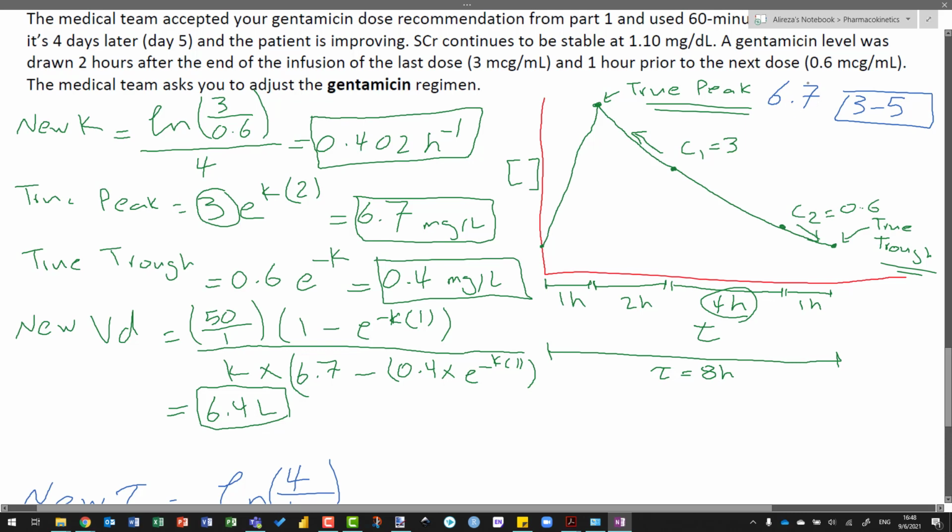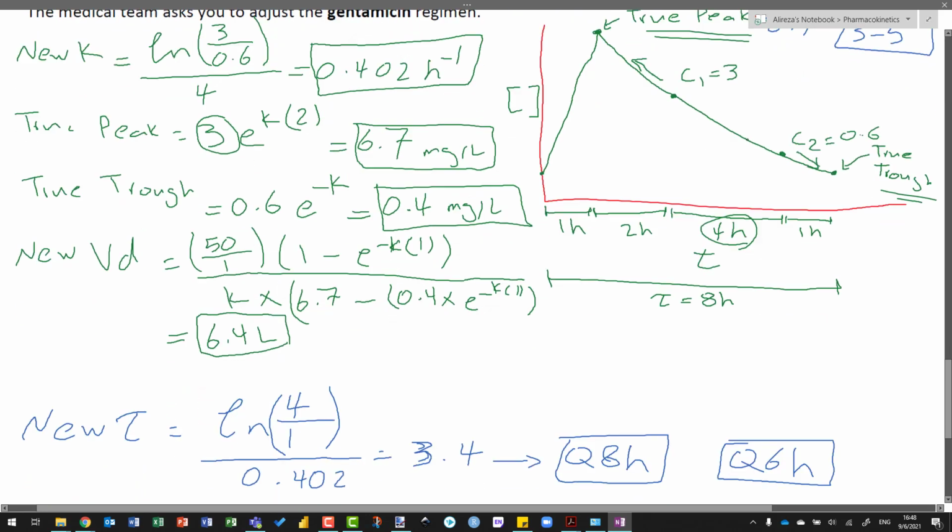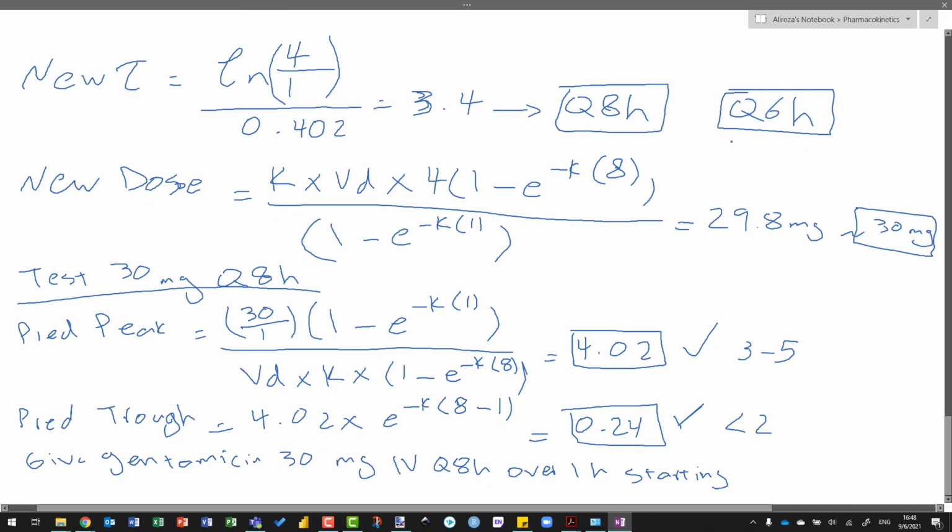That's why we calculated a smaller dose, because we don't want to expose the patient to unnecessary amounts of gentamicin, even though our trough is less than 2, so the risk of toxicity is low. But if you want to optimize the dose of gentamicin, you can lower it to get to a peak of 3 to 5. Now will a peak of 6.7 work? Absolutely, but it's unnecessary, and we don't want to expose patients to unnecessary doses of gentamicin. So therefore we came up with a smaller dose of 30 milligram IV every 8 hours.